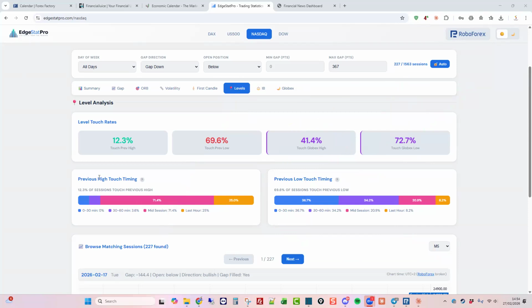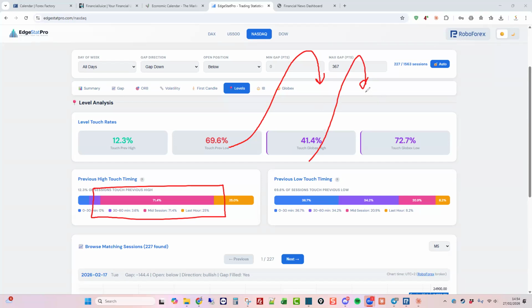Also, timings. One of the things that people get stuck with, me included, for a long time, is how long do you hold a trade for? RSI is a very similar thing. When you get in on an RSI extension, or an ADR extension, one of two things happens. It either comes down or it goes sideways.